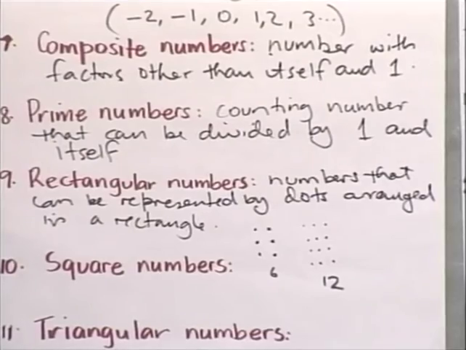Okay, next one. What is a square number? Andrew.